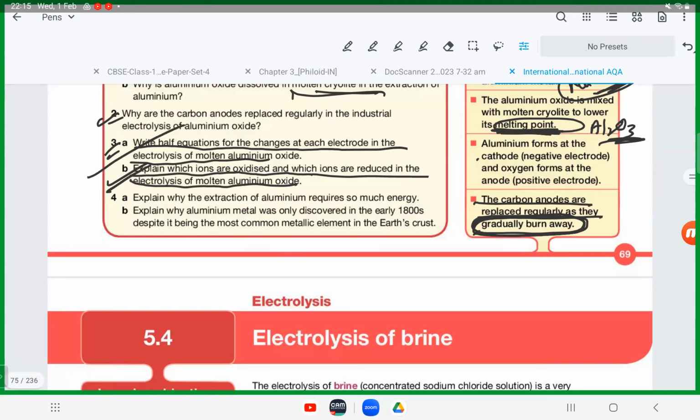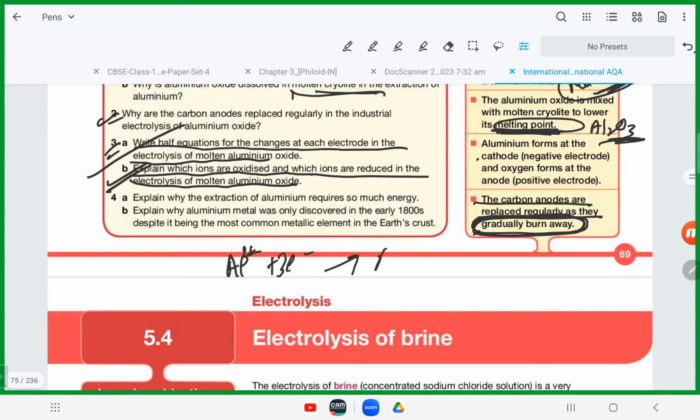Oxidizing is the oxide ion, negative, and reducing is the aluminum ion. Because the positive charge is there, Al3+ is taking 3 electrons, so it converts to Al. Gain of electrons is reduction, so it is getting reduced.